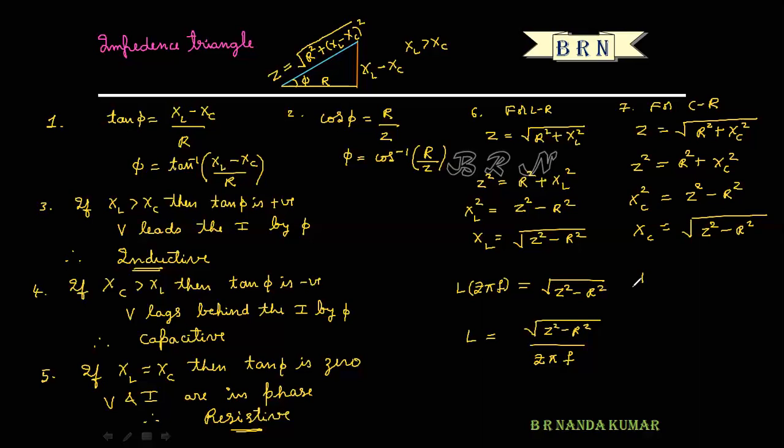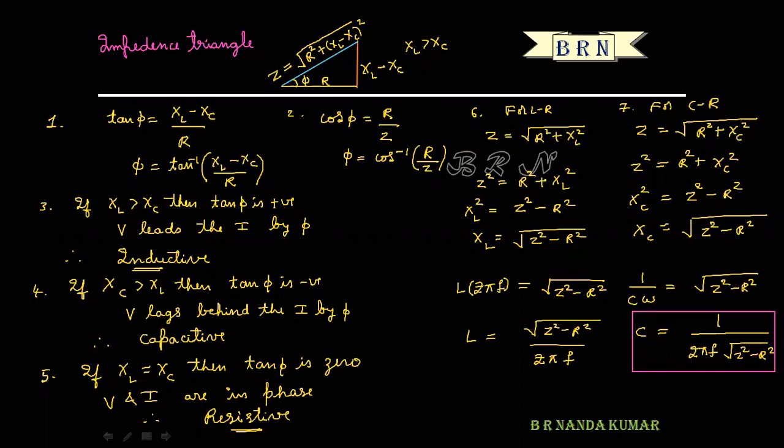XC is 1 divided by C omega, which equals root Z square minus R square. So C is equal to 1 divided by 2 pi f into root Z square minus R square. This is the mathematical expression for capacitance in the case of a CR circuit.